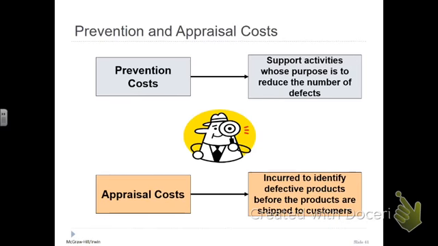We can then also have prevention and appraisal costs. Prevention costs are those costs that we incur to prevent a failure or a defect, and appraisal costs are those costs incurred to identify defective products.